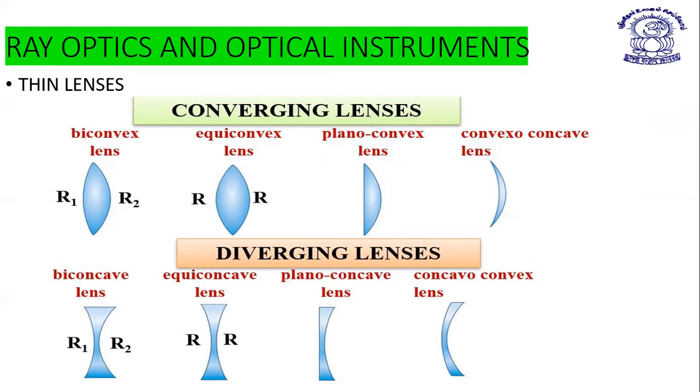Now, if we combine two spherical surfaces, the combination is called a lens. There are basically two types of lens, based on the effect that they provide to the light. First are converging lenses, which converge the light, and second are diverging lenses, which diverge the light.